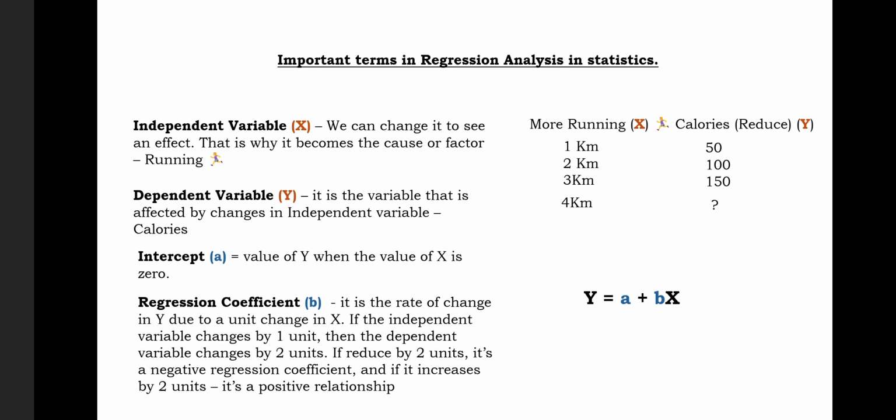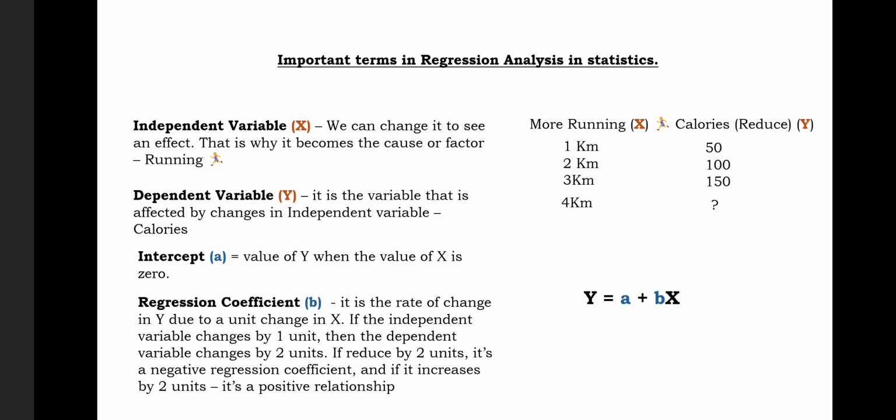So y, the calories, is equal to a, the value of y when x is 0, meaning the calories when running is 0, plus b. B tells you the rate of change in calories for every single kilometer you run, and x will be the value of run.